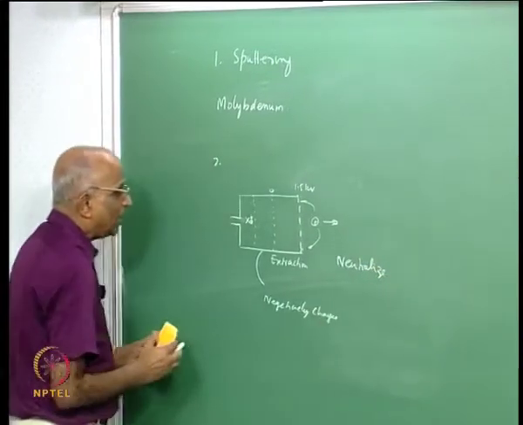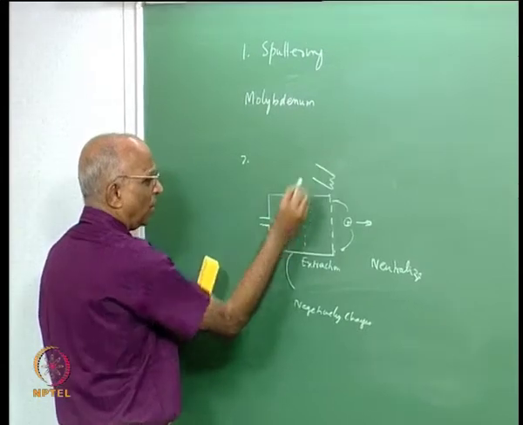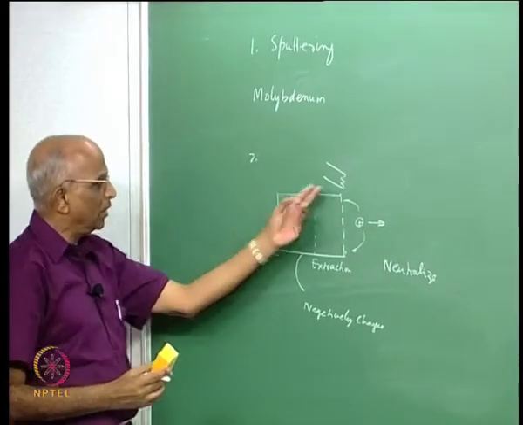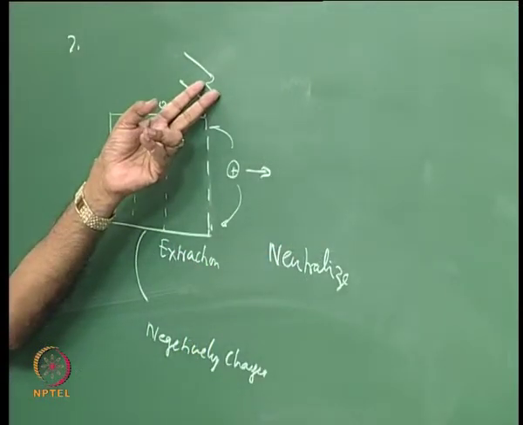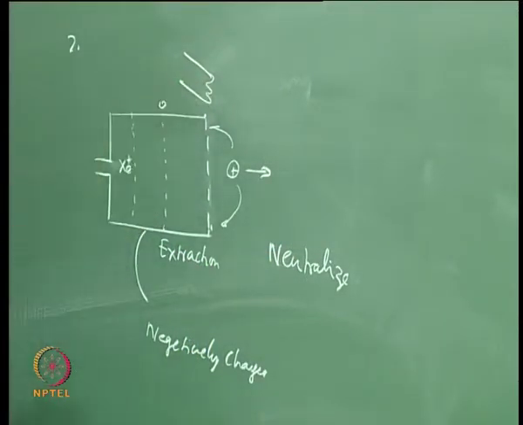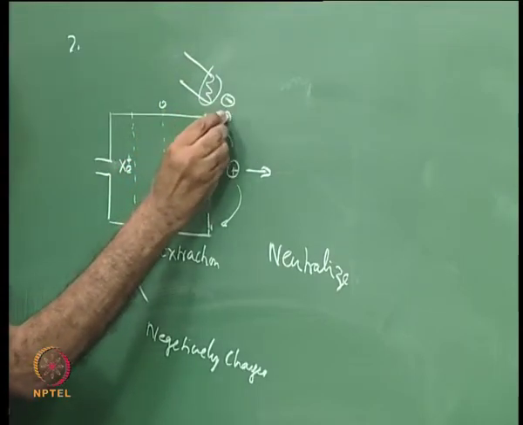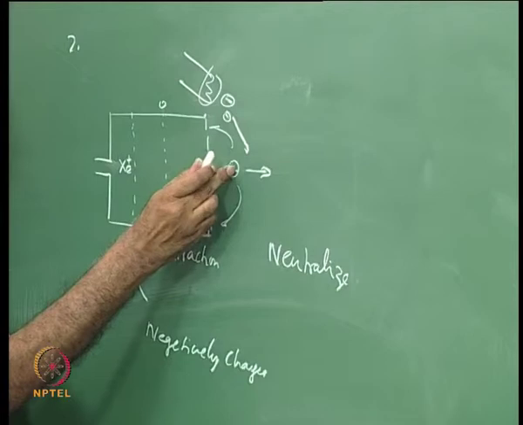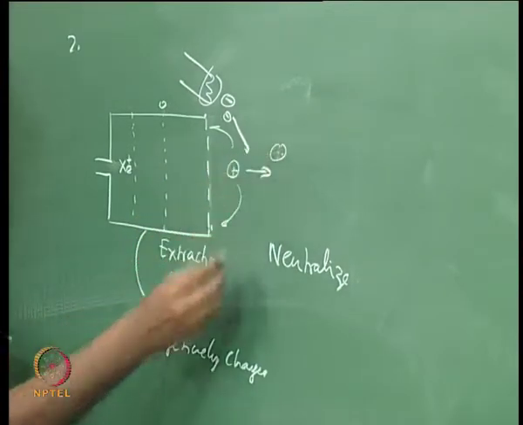And how do I neutralize the charge? All I do is I put another cathode, which is something which generates negative charges, which means I put some thermionic emitter over here, and I generate negative charges, put it into this such that it will hit this, and what comes out is neutral charges, not positive charges but neutral.